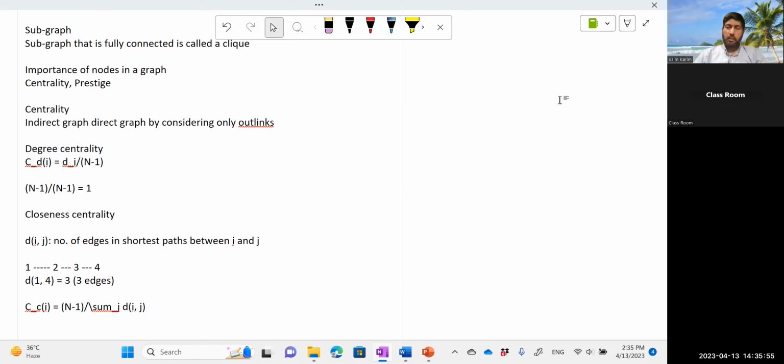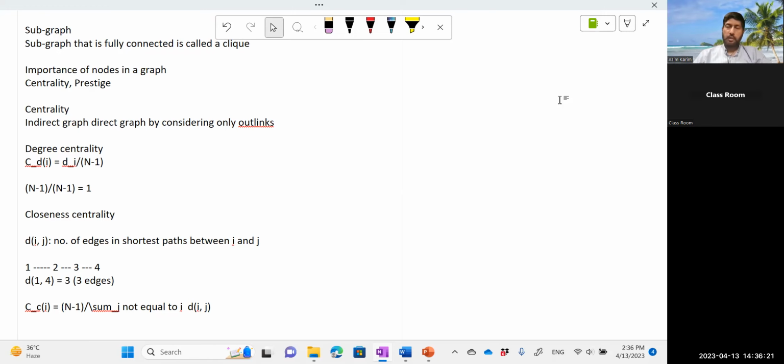So j is any, of course, j is not equal to I. Okay. So of course we are not considering that particular node as well.